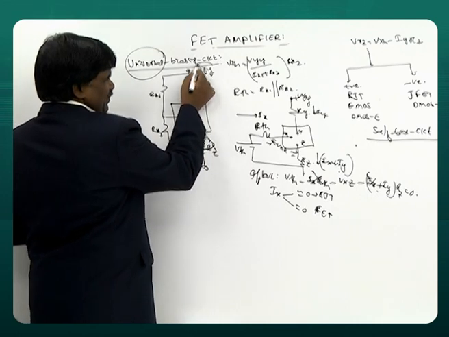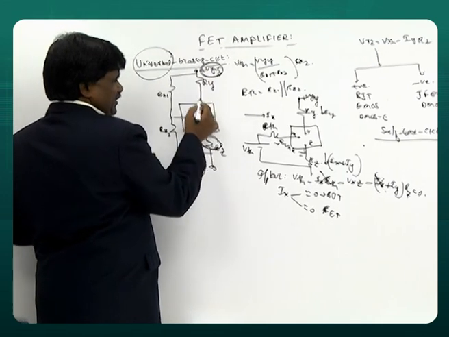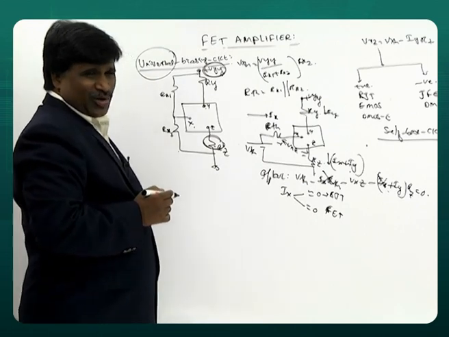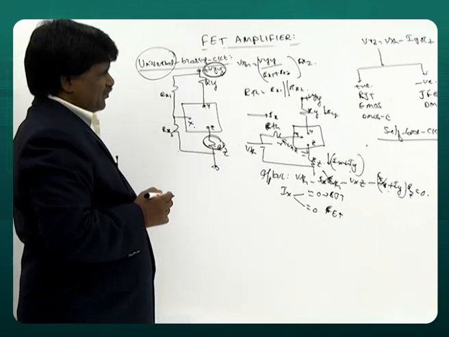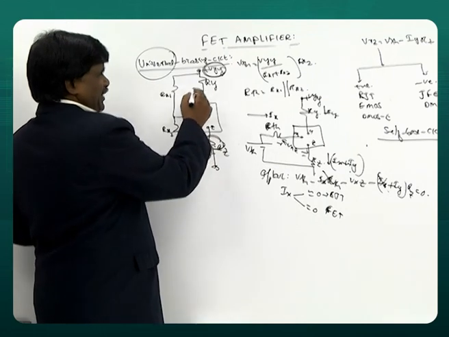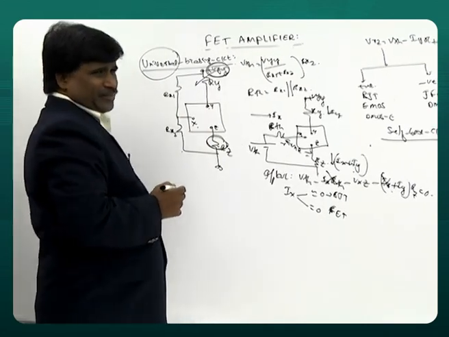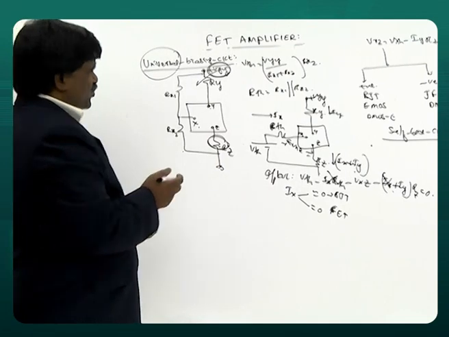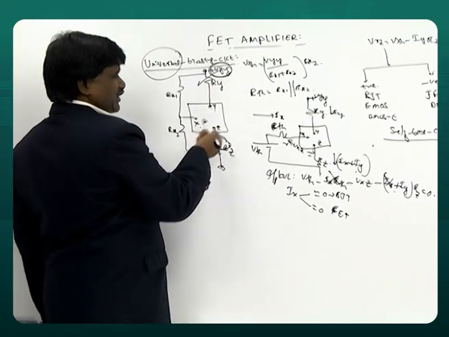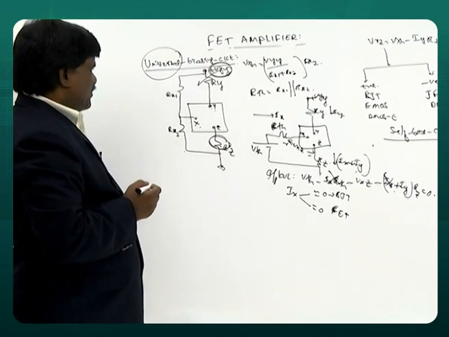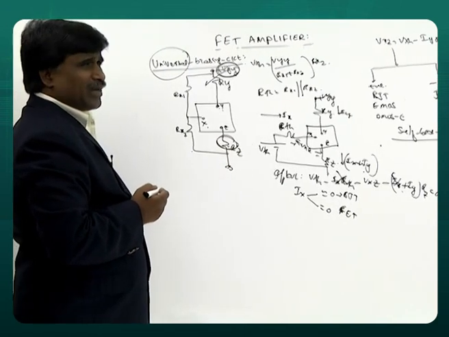Another thing is this supply itself biases the output as well as the input. That's why it is called self-bias. Single supply we are able to use, that's why it is excellent and it's cheap. You don't need to use one battery for the output and one battery for the input. And this is the best biasing circuit that we have.